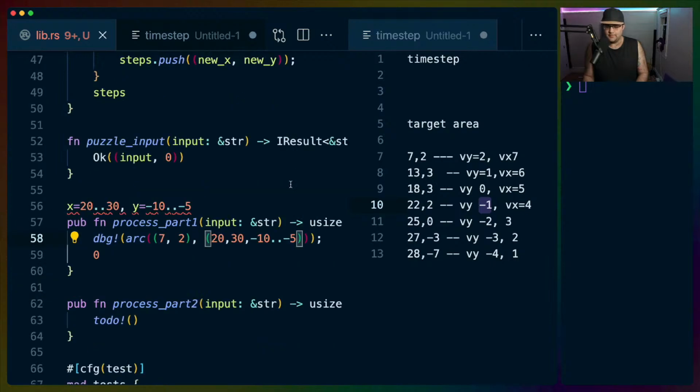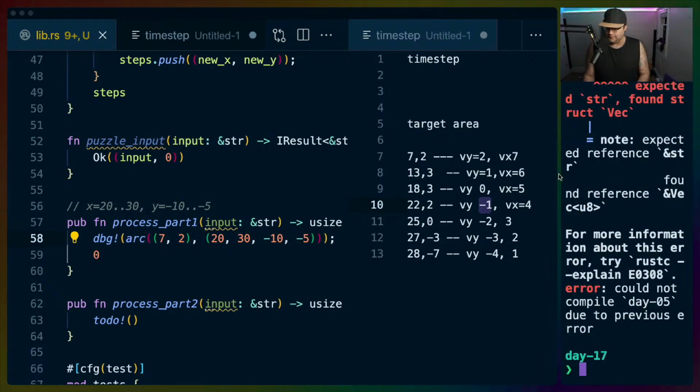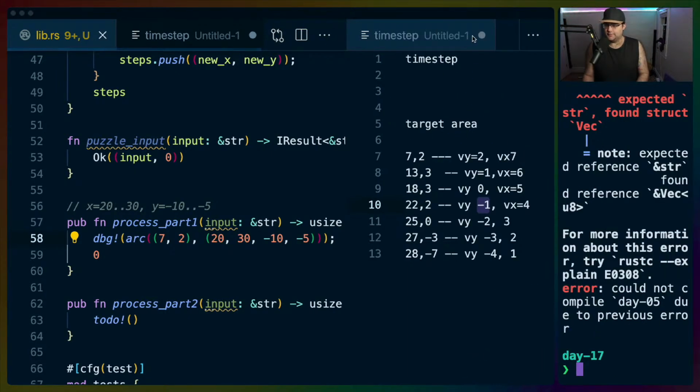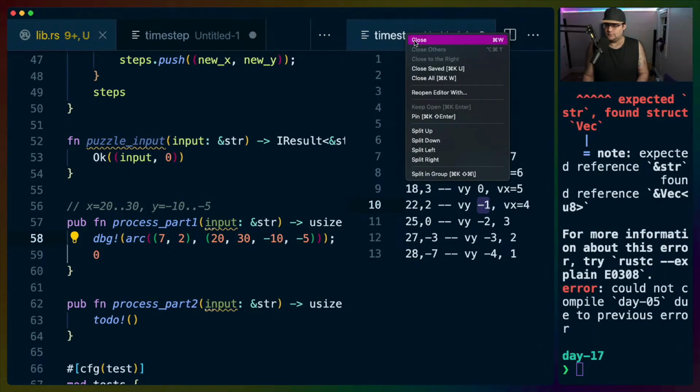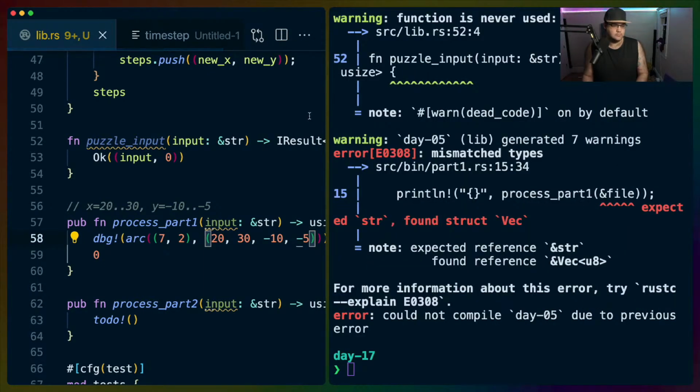Lower, upper, lower, upper. So if I cargo run bin part 1, something went wrong. Cool. Yeah, that's the input if you want to read from the file. I'm not reading from the file yet. I'm just printing this out.